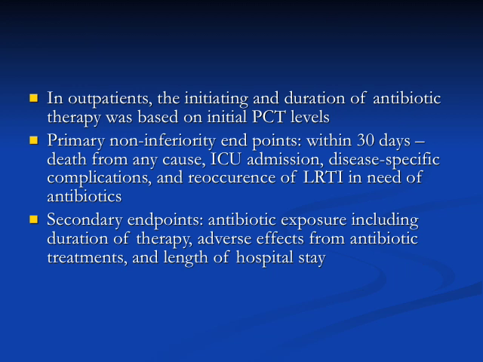The primary non-inferiority endpoints of the study were, within 30 days, death from any cause, ICU admission, disease-specific complication, and recurrence of the lower respiratory tract infections which needed antibiotic therapy. Secondary endpoints looked at antibiotic exposure, including the duration of therapy, adverse effects from antibiotic therapy, and the length of hospital stay.